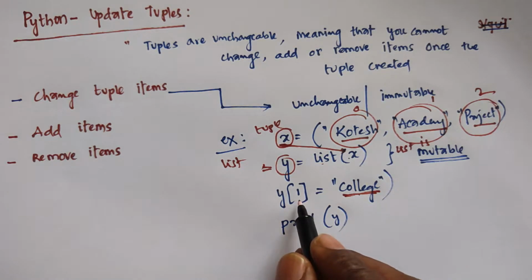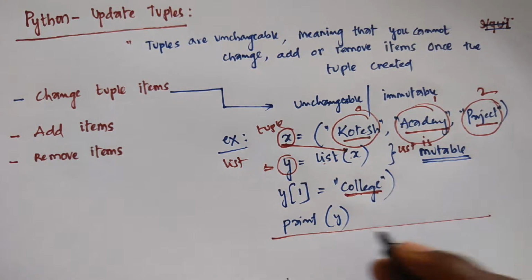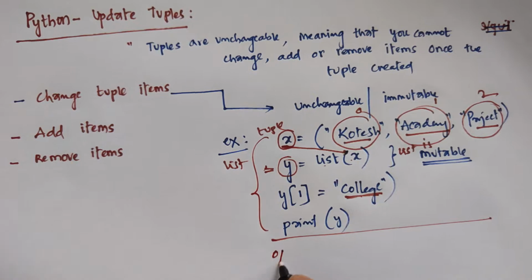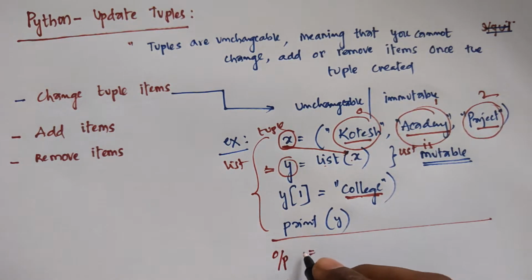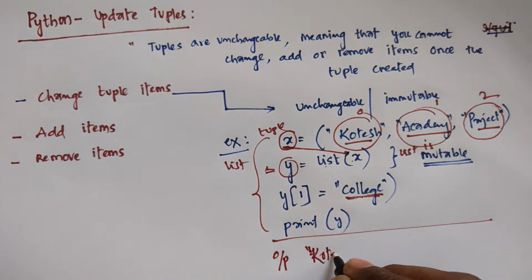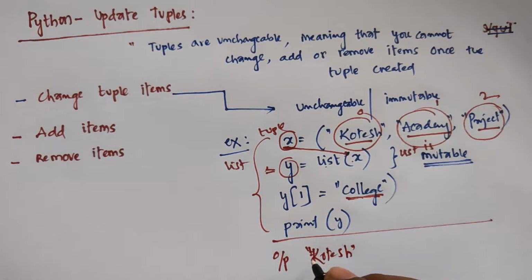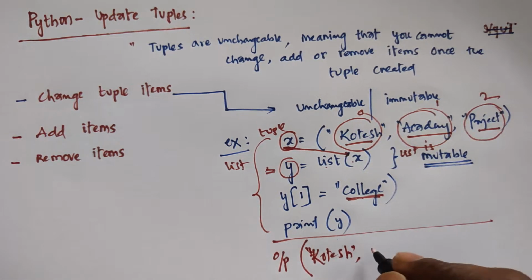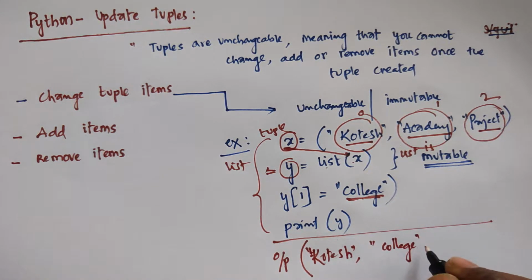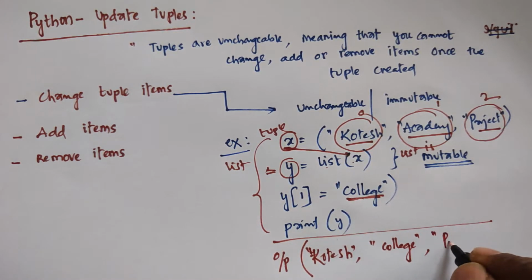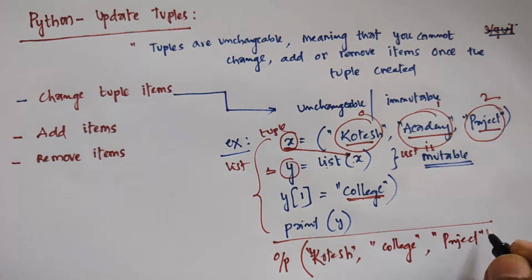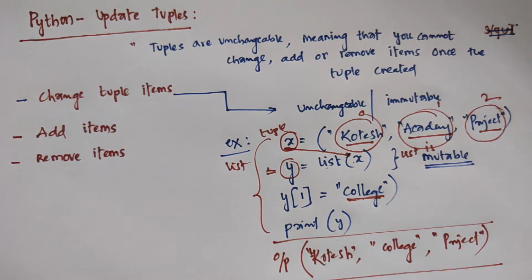Now we are inserting college at position 1. After execution of these lines, you will get the output: first the quotation, next college, next project. Like that we will get the output.